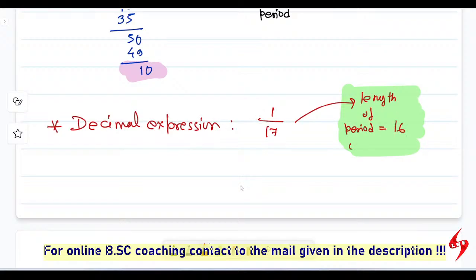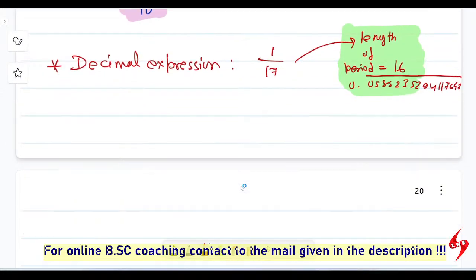The term will be 0.88823529411747. I hope it will be a very lengthy sum. So this is your home task.